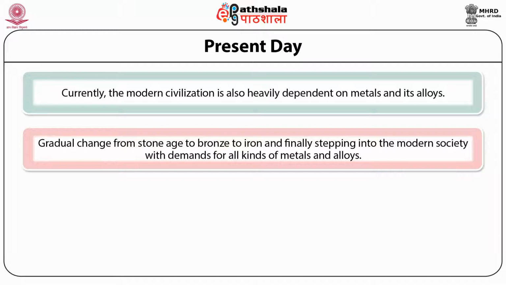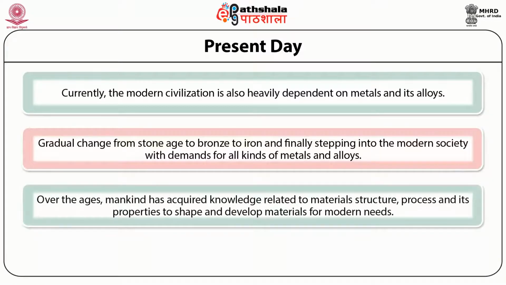Gradual and systematic knowledge of microstructure, properties, compositions, and processing acquired over the years, from prehistoric time to modern time, has helped human civilization to shape and develop, and finally step towards massive advancement.